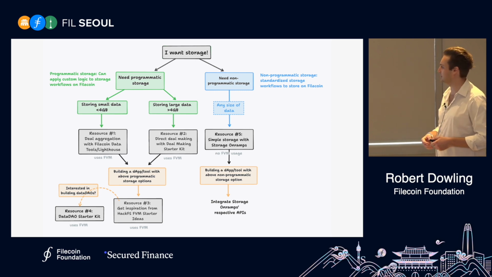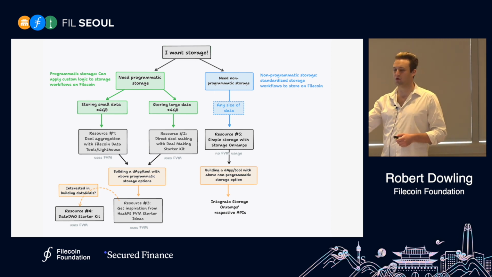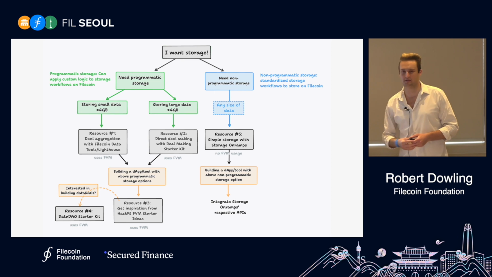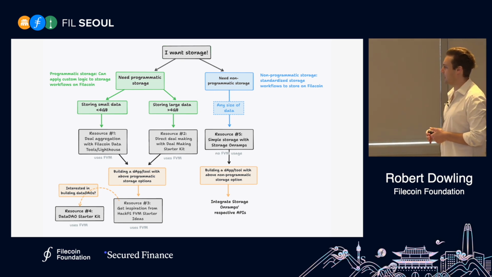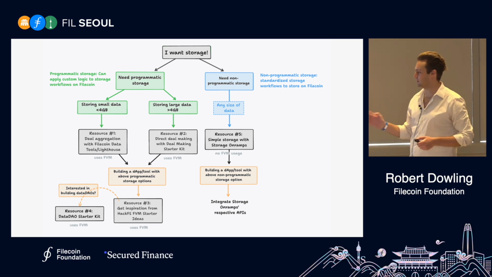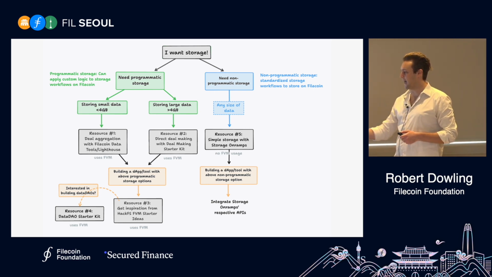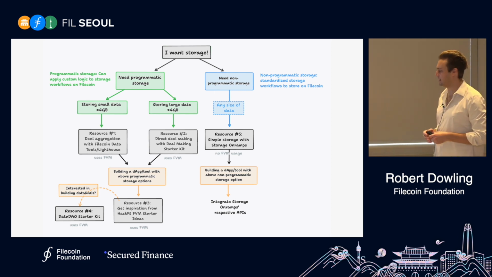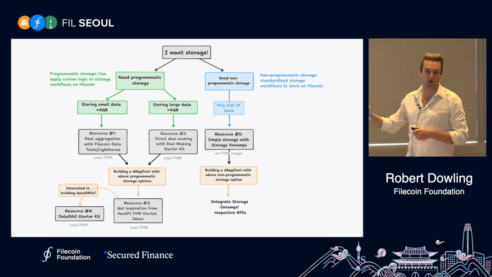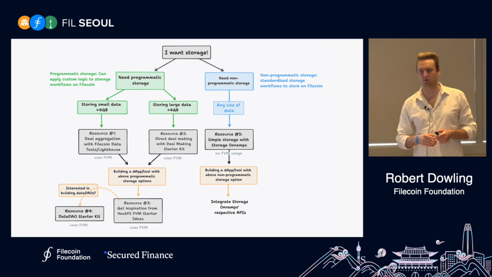So the first is non-programmatic storage. This is just data of any size. You just need to upload it to Filecoin, no problem. You just do simple storage with a storage on-ramp, and maybe later you'll build some type of app or tool on top of that data that references that data in some way. No problem. Just standard Filecoin storage.